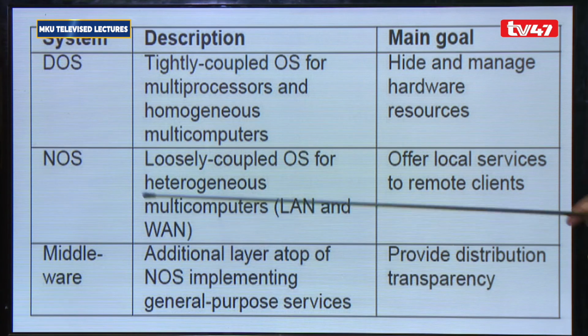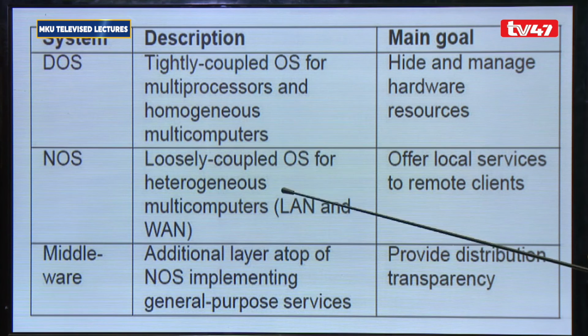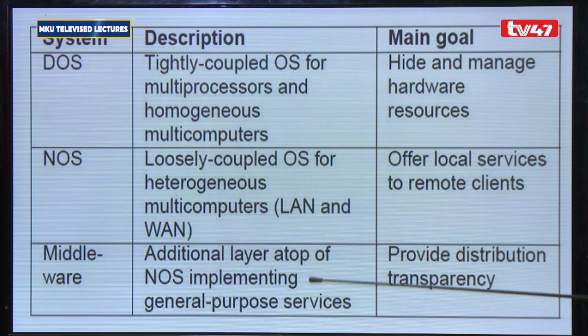The network operating system is loosely coupled with the operating system for heterogeneous computers and multicomputers, that's LAN. Take note, we've talked about the servers and the Linux operating system. We have other operating systems we won't mention here. The main goal is to offer local services to remote clients. Remember, that's what you're talking about, a network server.